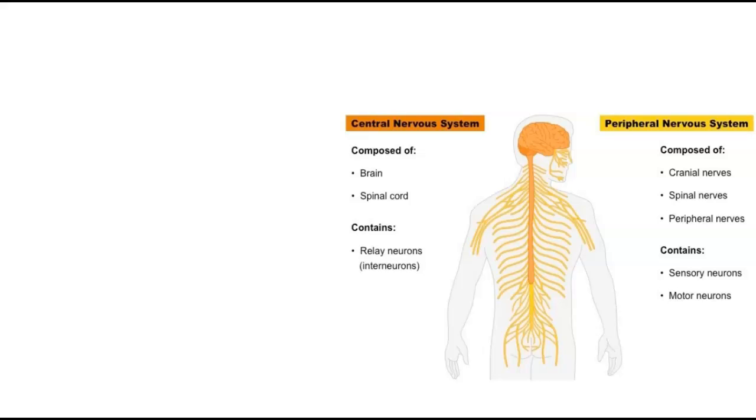This is just a breakdown of the two signal types, central nervous system and peripheral nervous system. So central nervous system, brain and spinal cord. And in lighter color are peripheral nerves that come off the spinal cord, and you have cranial nerves that come off the brain.